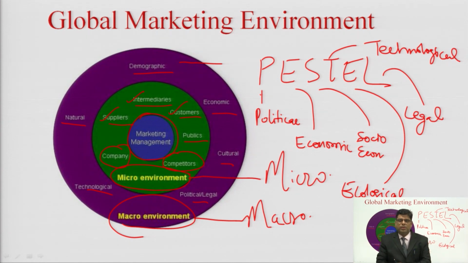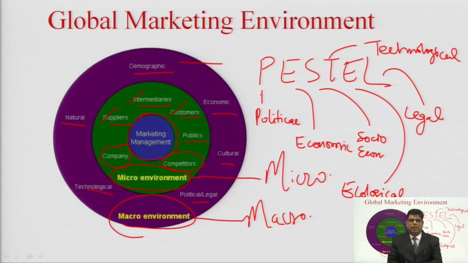So, this is about the global marketing environment, and it is a complex environment wherein a lot of forces are in interplay with each other, and the company has to manage all these forces simultaneously, and then continue with its efforts in marketing the products and services.